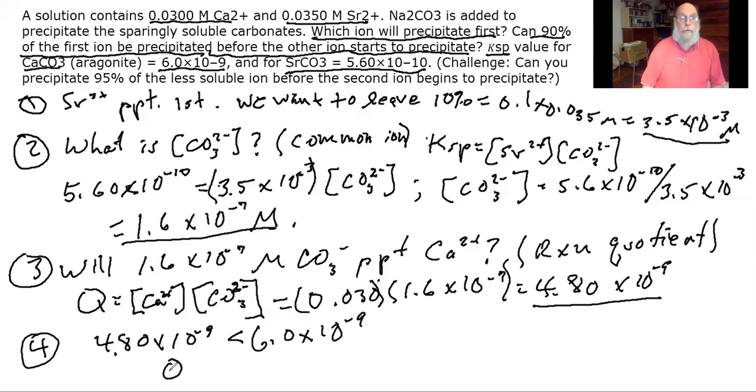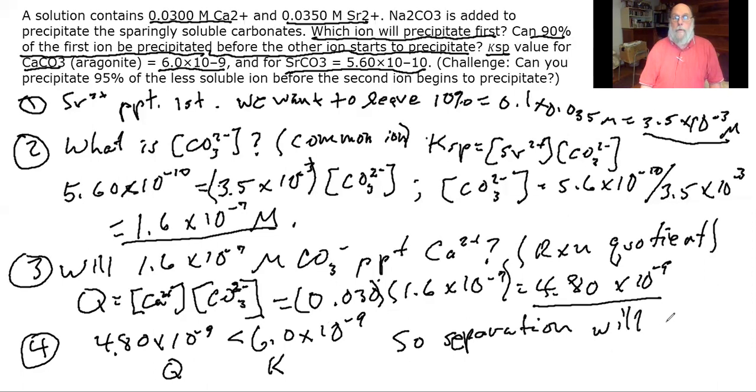So Q is less than K. That means the reaction will proceed to the right. That is, it will not precipitate. So that separation technically should work. In practice, I doubt that it really would, with the other KSPs being that close to each other. I'm going to say will work, question mark.